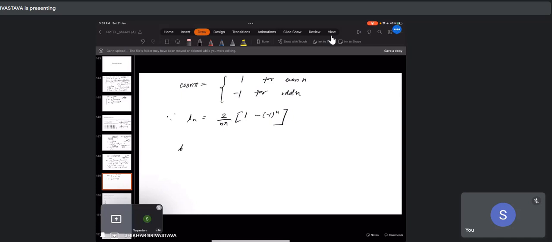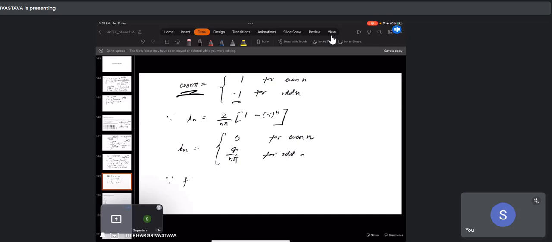Your bn will become, for even n, it will be 1, so 1 minus 1, 0. So it will be 0. For odd n, your cos of n pi is minus 1, so 1 minus of minus 1 is 2. So 2 times 2, that is 4 by n pi. So this is your coefficient.